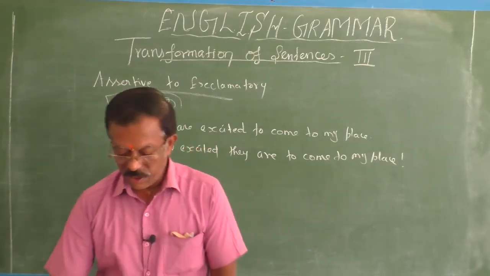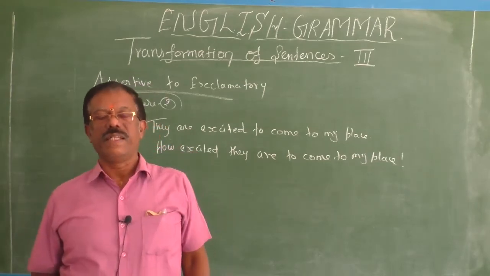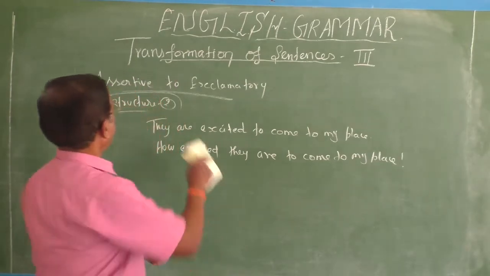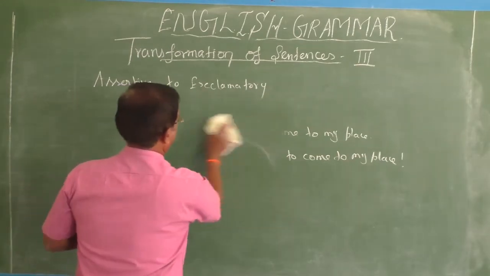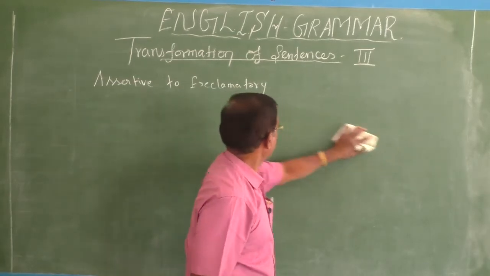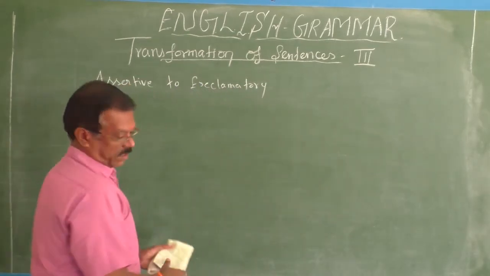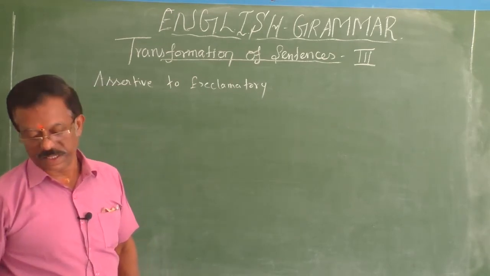I will give you more and more examples. Then you could understand this concept easily. Okay, fine, children. Assertive to exclamatory. Change the following assertive sentence into an exclamatory sentence.